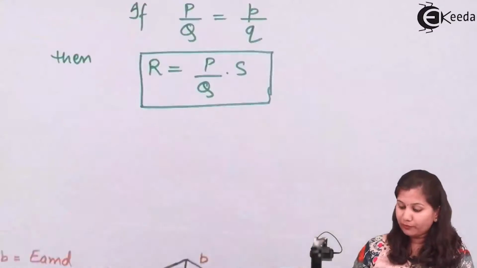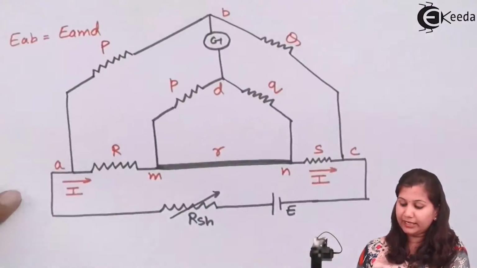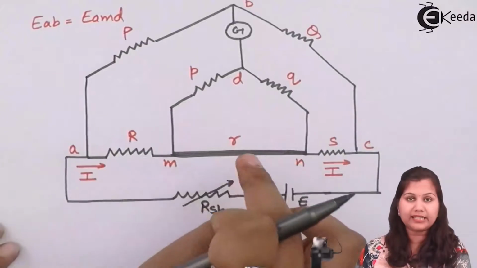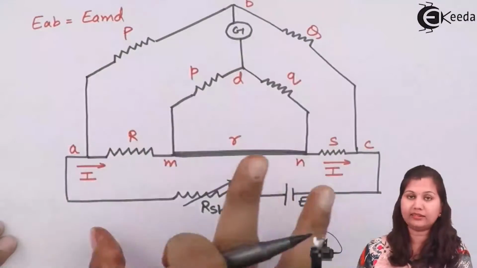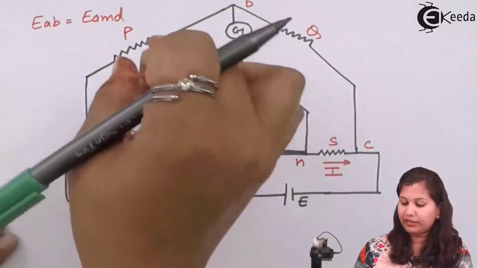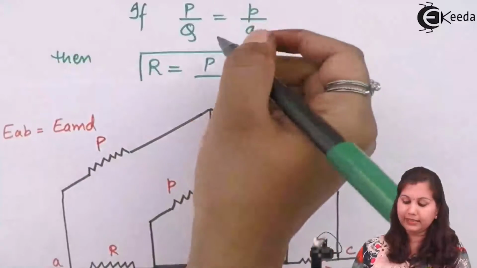So from this expression we get that the resistance of this connecting lead will have no effect in the circuit if we have kept this ratio as equal.